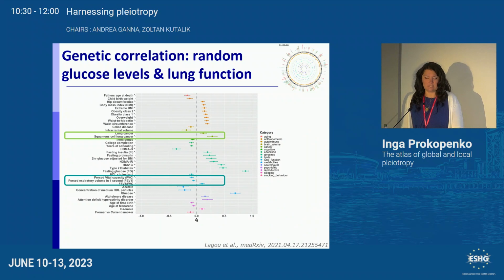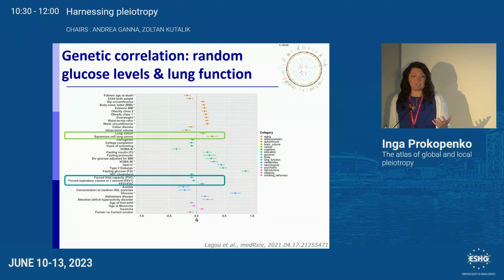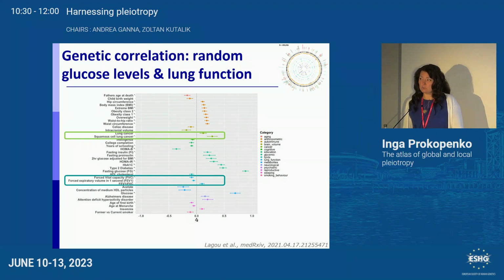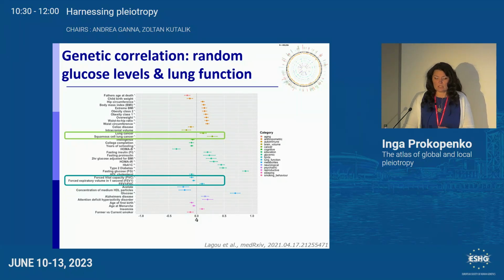They are inversely related. So when we explore this relationship further, if we wanted to ask a question about causality, we have some indication that if people have a higher level of glucose, they might have a reduction in lung function, and lung cancer as a disease might also be related because there might be some shared risk.